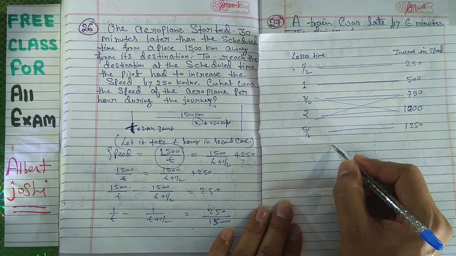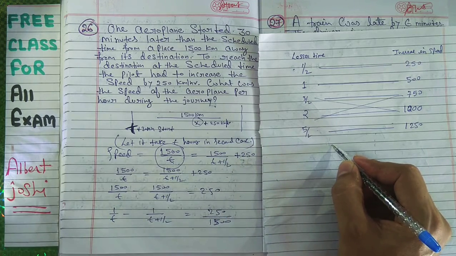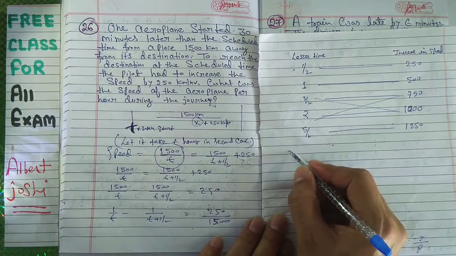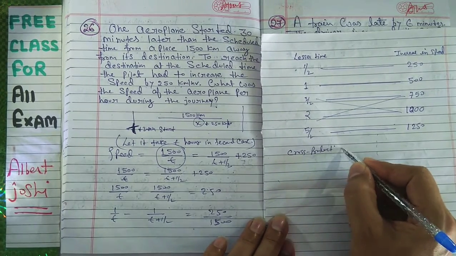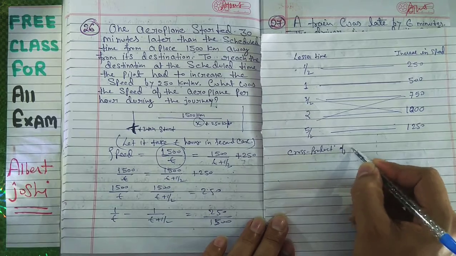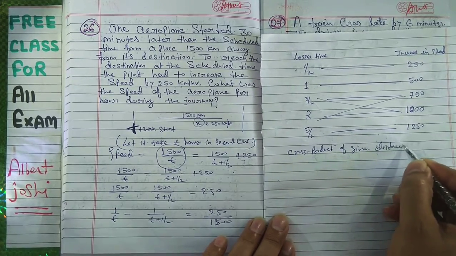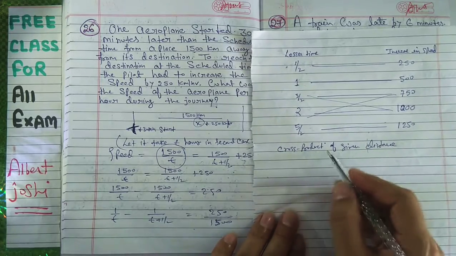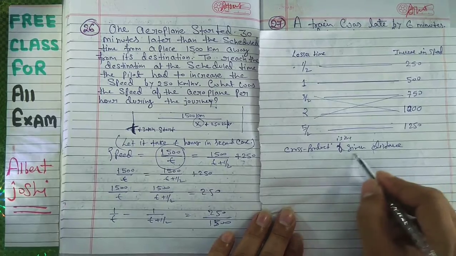Whenever you are not getting the cross product of the given distance, you have to continue the process.